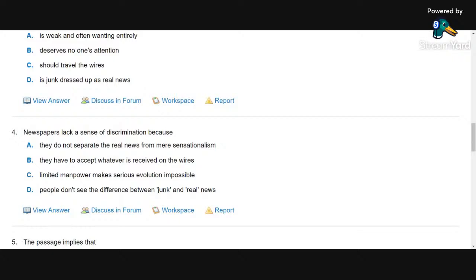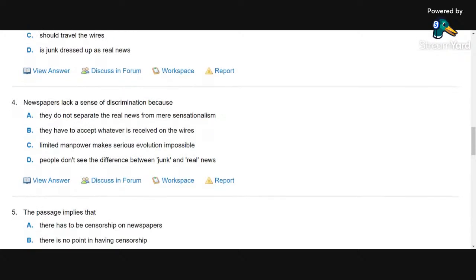What is the answer? Yes, they do not separate the real news from mere sensationalism. So they just dump whatever news is coming to them. They don't even think twice before dumping it to the publication. So option A is the right answer.